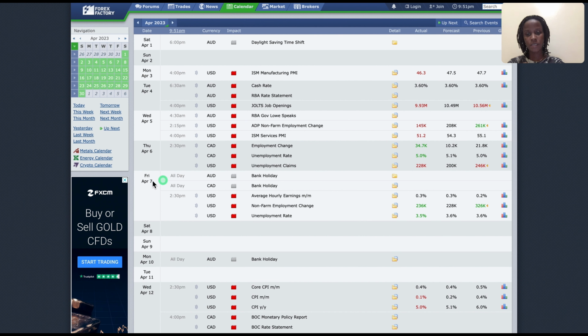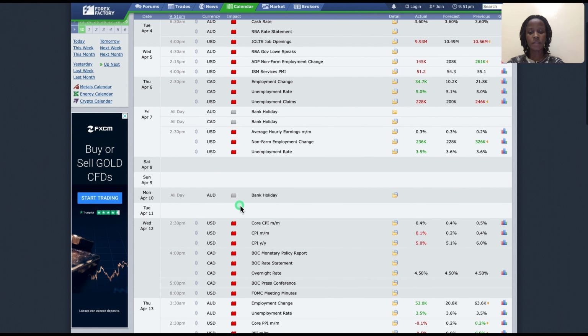You can see here the first Friday of the month is on Friday. I choose to stay away because this is when the NFP is on. You can see here we have non-farm payrolls. So from April 3rd to April 7th, I will not be trading.